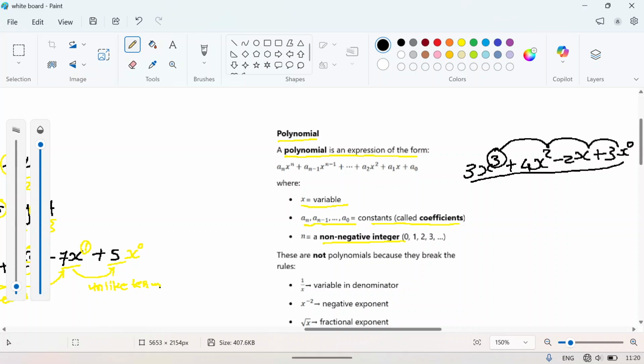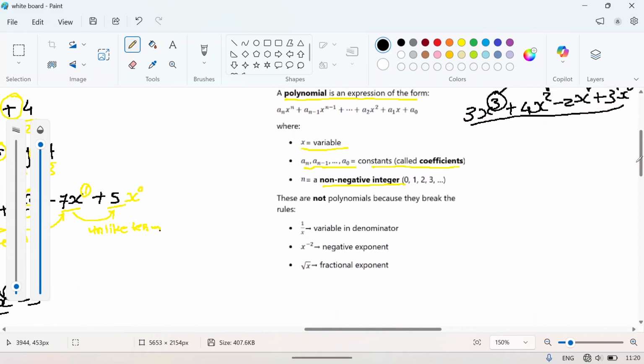One of the most important things is that the power or exponent of the variable is always a non-negative integral value. It means the power or exponent of the variable is a non-negative integer, and cannot be a negative integral value or a fraction. We can't write 3x plus x raised to 1 by 2. This is not a polynomial because the power of the variable is a fraction.